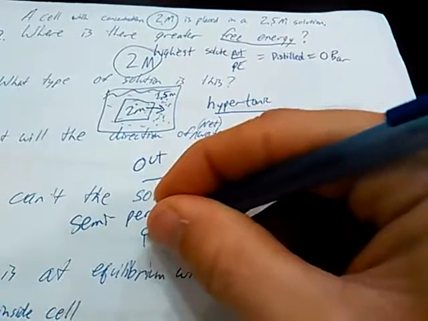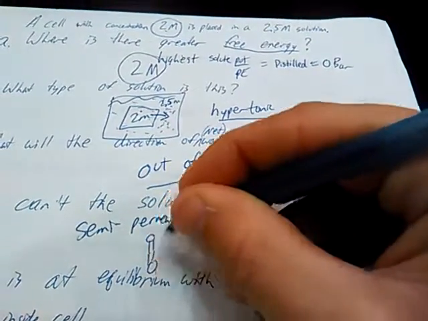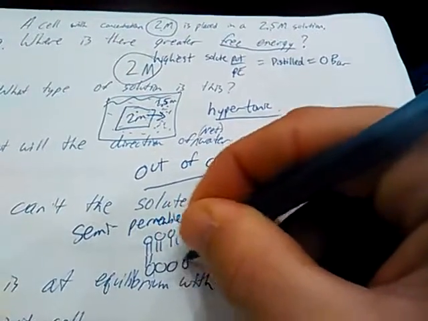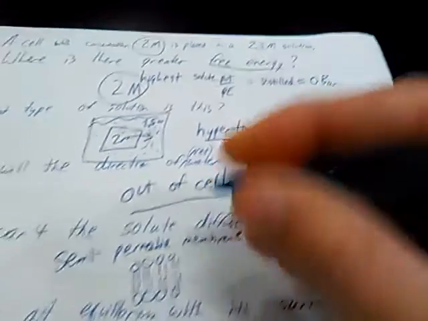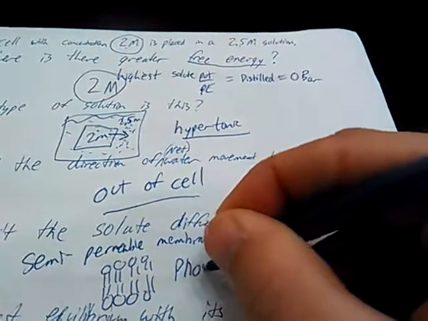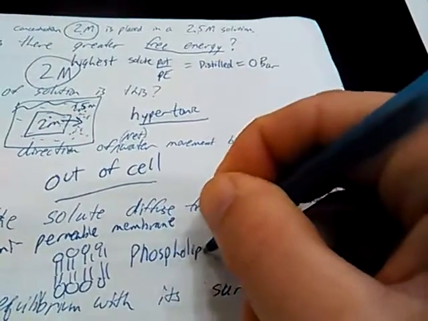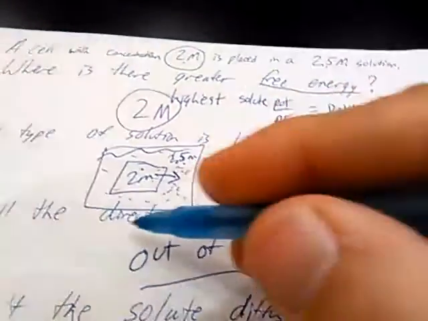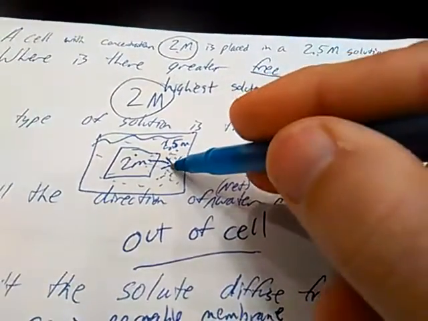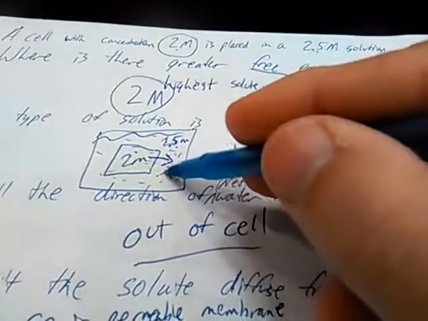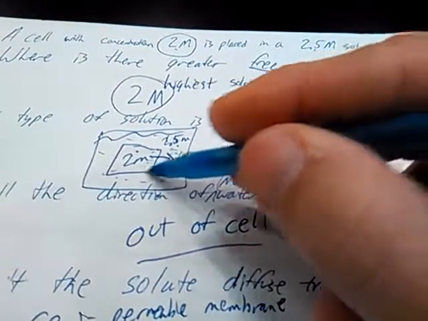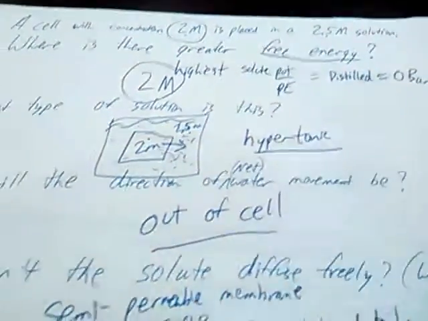It's made of, you guessed it, phospholipid bilayer. Won't let the particles across it because they're either too charged and they've got a shell of hydration around them, a shell of water molecules stuck around them, or they're just plain too big to get across.